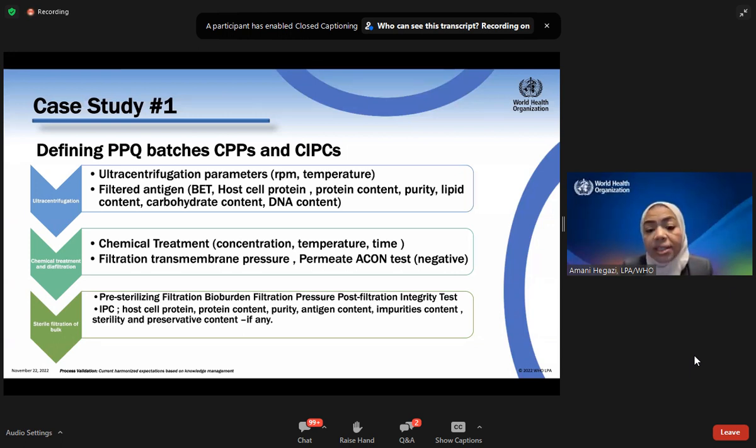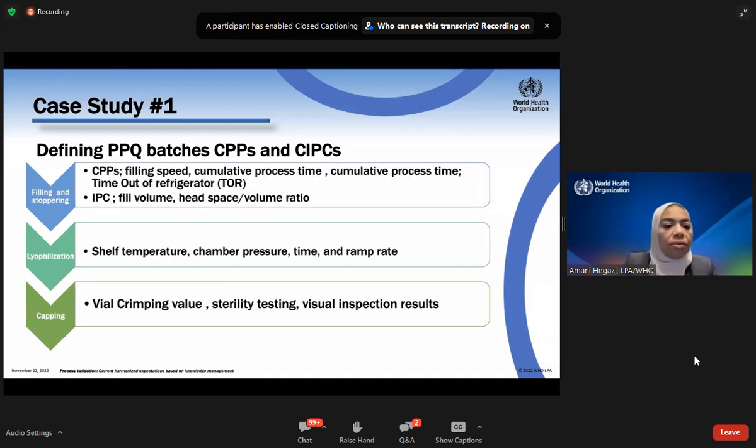There is the filtration pressure to maintain, and the post-filtration integrity test to ensure that the filter remained integral till the end of the filtration step. And we have the in-process testing, including the sterility, host cell protein, protein content, purity, antigen content, impurity content, and preservatives in multi-dose vials.